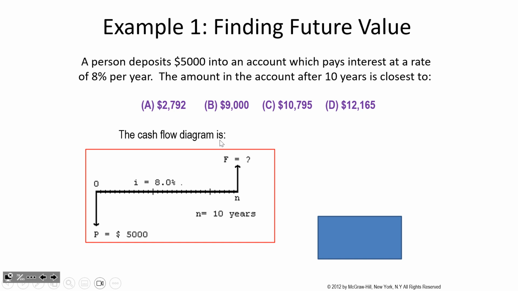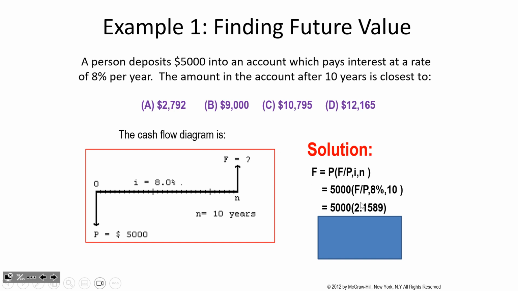So 2.1589 is the factor ratio. So that's the ratio of F to P. So if P is 5,000, then you multiply 5,000 by that ratio. And which of these is that going to be closest to? That's 10,795. So answer C.